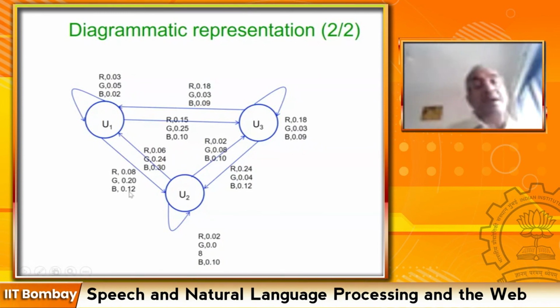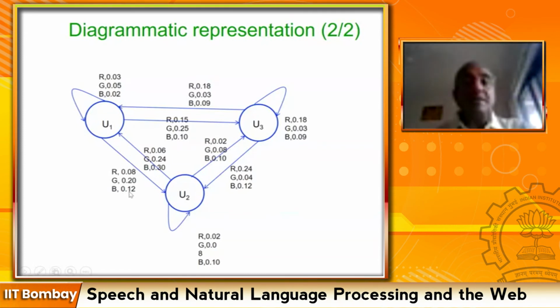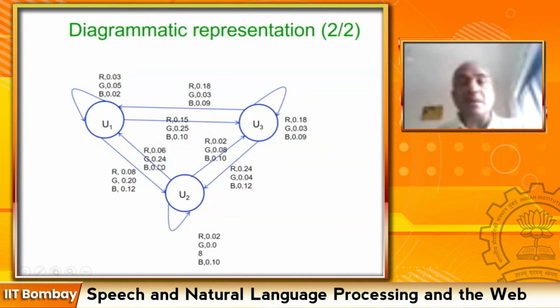So I can always multiply transition probability with emission probability and see the target state and the emission. This particular point may be a little complex, the fact that you can multiply the two probabilities, but actually this is giving you a joint probability. Then the diagram becomes simpler.